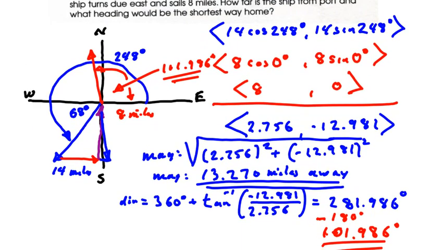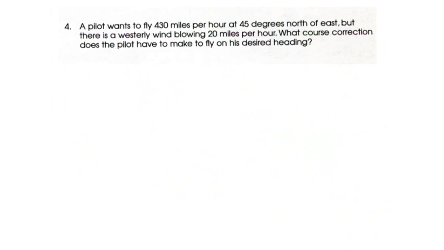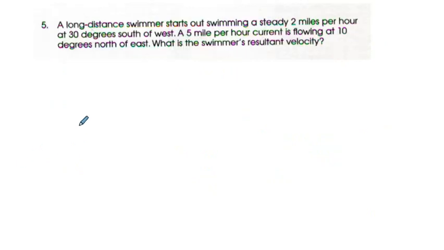Okay, let's go on to problem number 5, the last one we'll look at here. We have a swimmer that is starting out swimming a steady 2 miles per hour, 30 degrees south of west. So I'm going to take the same thing we've been doing on 1 and 3, just getting our little XY coordinate plane, a northeast southwest arrangement.